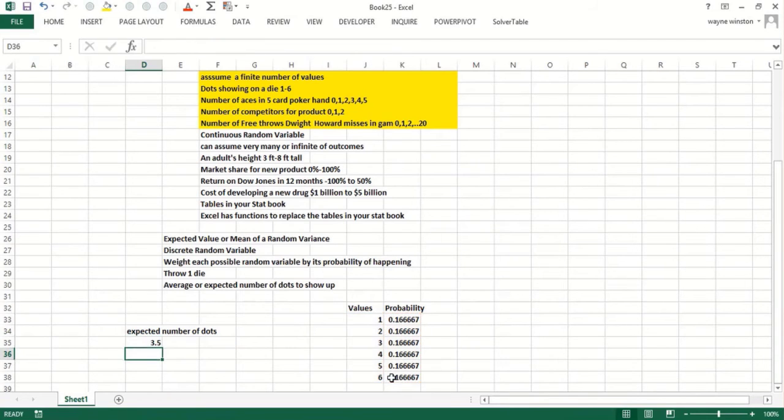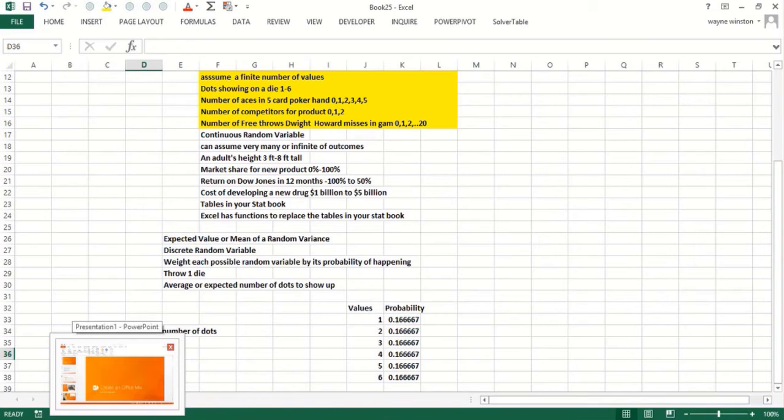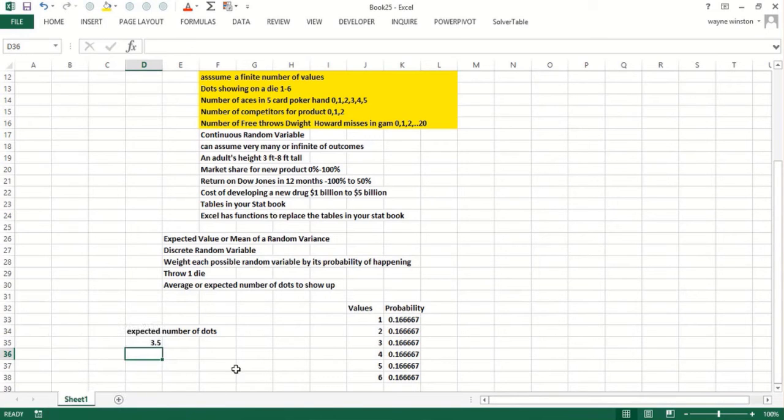Okay, and you get 3.5. So you'll never get 3.5 dots when you toss a die. But what this means is if you throw a die a lot of times, you'll average about 3.5 dots. For example, if you tossed a die 100 times and added up the total dots, on the average you'd get 100 times 3.5 or 350 dots showing up total.